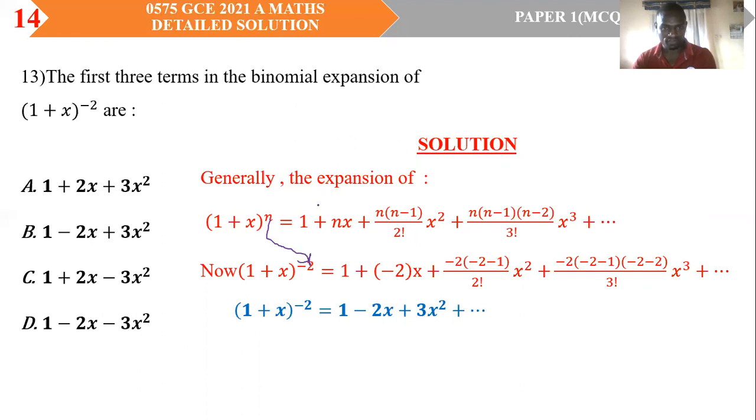So we replace all the n's by -2, and when we do that, we have 1 plus (-2)x plus (-2)(-2 minus 1) over 2 factorial x squared plus so on. Since we are limited to the term in x squared, we have 1 minus 2x plus 3x squared. And the answer is B.